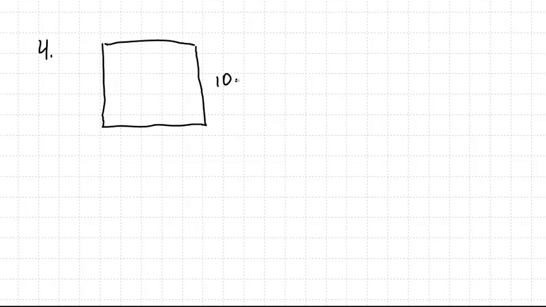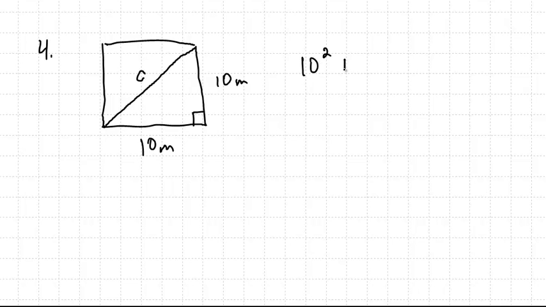Question 4 gives us a square with a side of 10 meters and asks us to find the length of a diagonal. Now it doesn't matter if I draw the diagonal this way or this way. In a square, the diagonals are equal. I know that this is a right angle. All sides of the square have the same length, so this is 10 and 10. So this is really the hypotenuse of a right triangle.